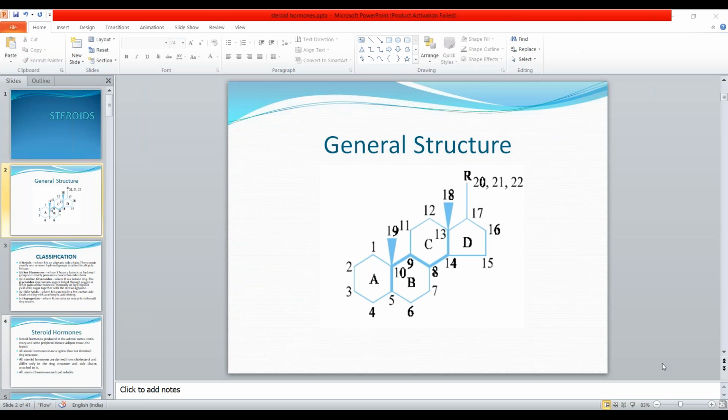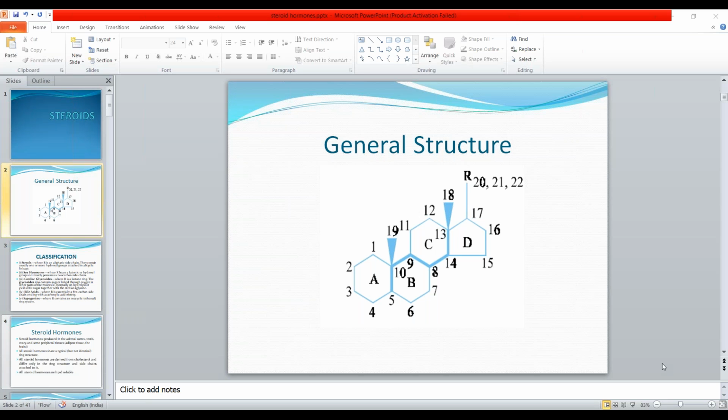Now the names only tell you that they are going to be very important for us in studying this chapter. What are they going to do? These three basic structures of hormones, pregnane, androsten, and estrane, form basic structures for pregnenolone or progesterone, androsten, that is androgens or testosterone, and estrane, estradiol or estrogens.